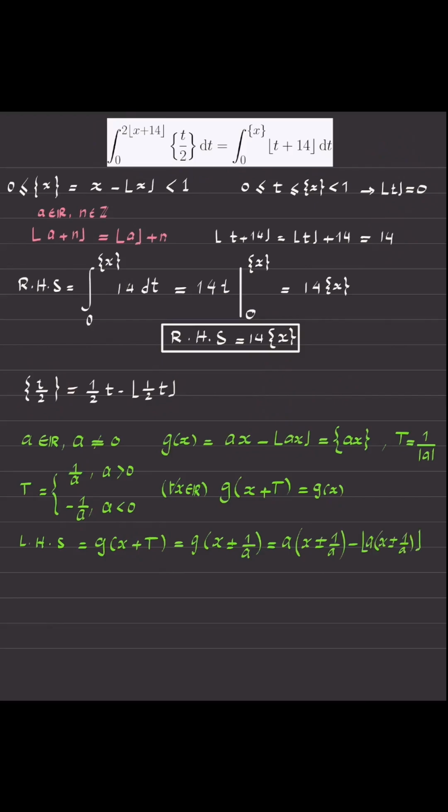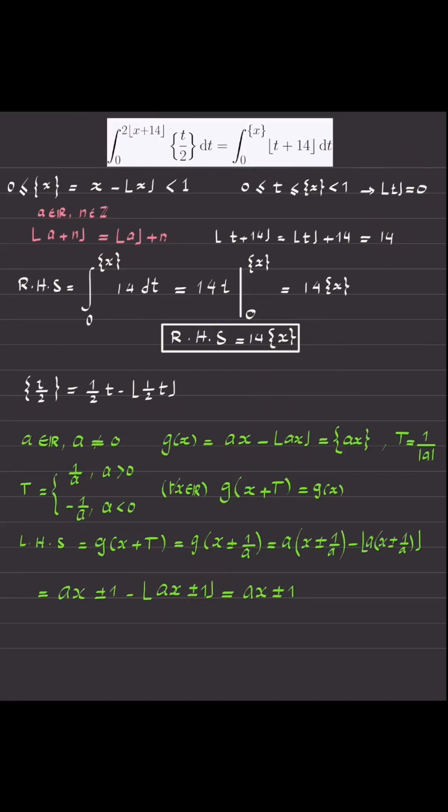And then let me multiply a inside, so it becomes ax plus or minus 1 minus the floor of ax plus or minus 1. I will use this formula again, because here ax is a real number, but plus or minus 1 are integers, so I can pull it out from the floor sign.